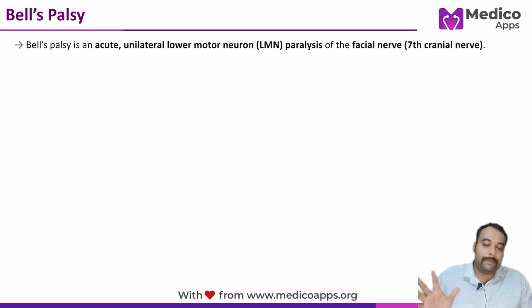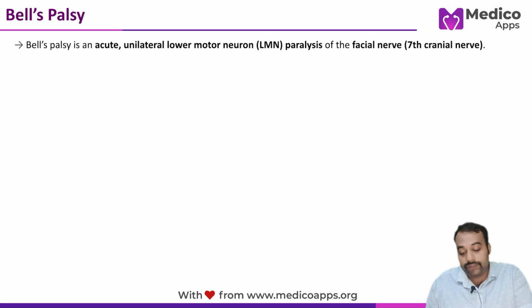Bell's palsy is basically an acute lesion, and that acute lesion is typically a lower motor neuron type of lesion of the facial nerve, right?